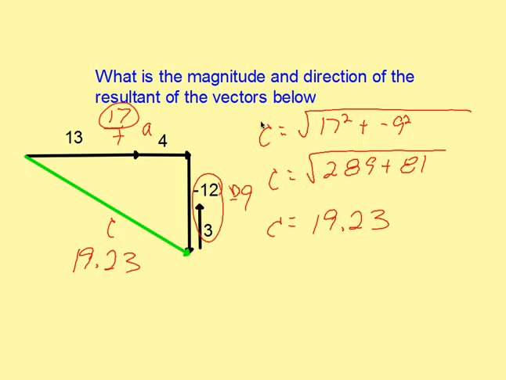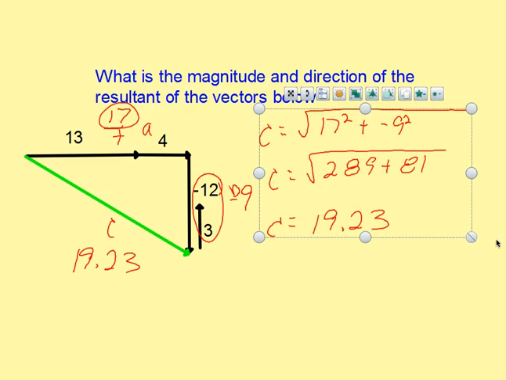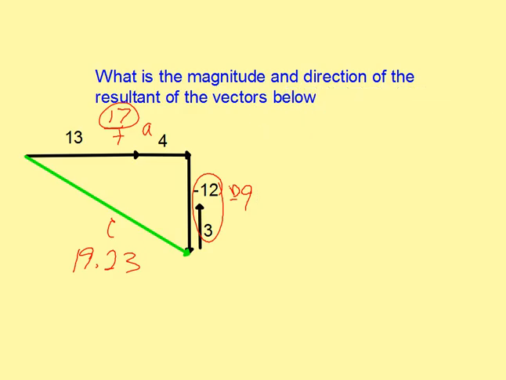So let me clear some space where we can operate here a little bit. And we'll tackle the direction. Since we're looking at the direction of this vector, we need to find this angle here. And we can use the tangent function again if we want to. So tangent theta is equal to opposite over adjacent.